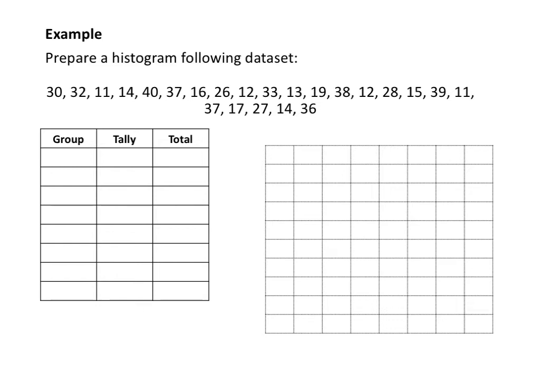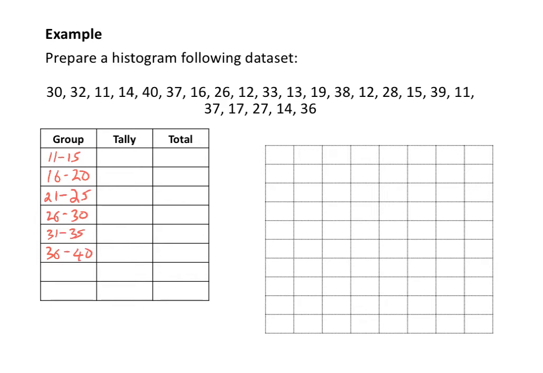Within the dataset, I need to go from 11 up to 40, so I'm going to go up in groups of 5. So 11 to 15, 16 to 20, 21 to 25, 26 to 30, 31 to 35, 36 to 40.